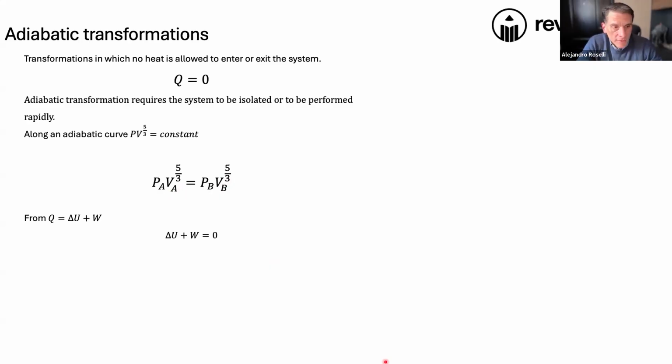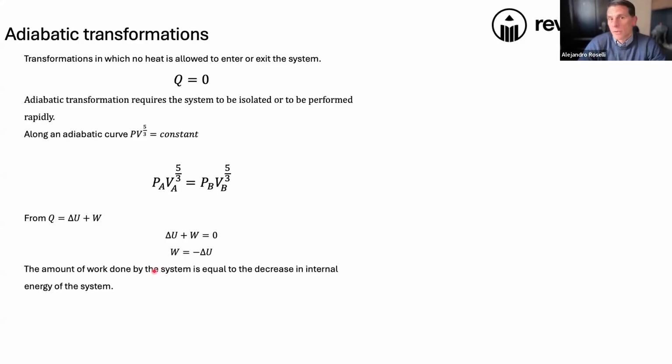So given that the first law of thermodynamics is of course valid, and the fact that Q is 0, we have delta U plus W being 0 in any adiabatic transformation, which leads to the amount of work being just the opposite of the variation of internal energy, which leads to this conclusion. Of course, the amount of work done by the system is equal to the decrease in internal energy of the system.